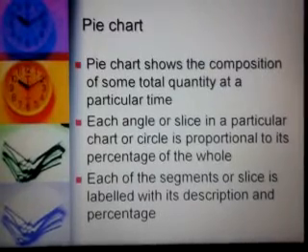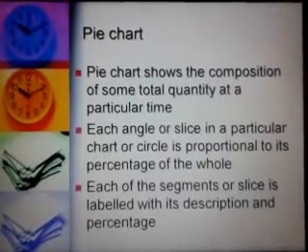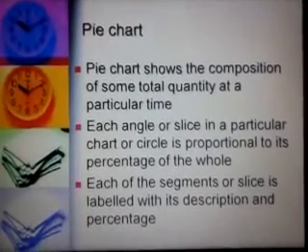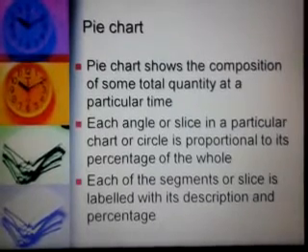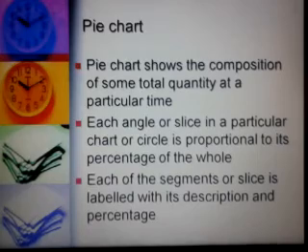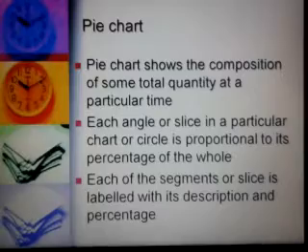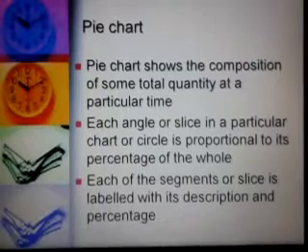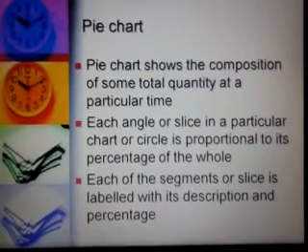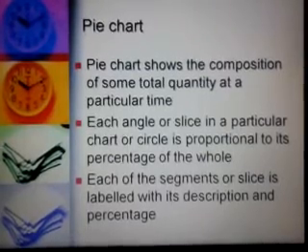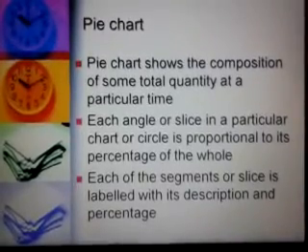As in my example, if there are 100 students, 60 boys and 40 girls, in that pie chart there will be two portions, one larger than half and the other smaller than half, one occupying 60% of the circle and the other 40%, and it would also be mentioned that this 60% represents boys and this 40% represents girls.